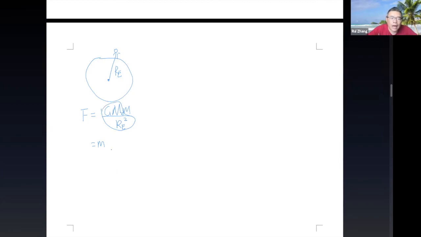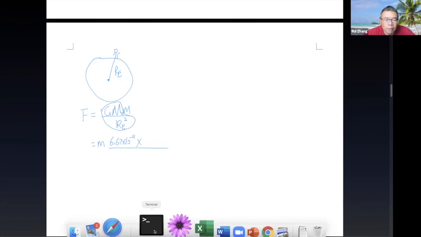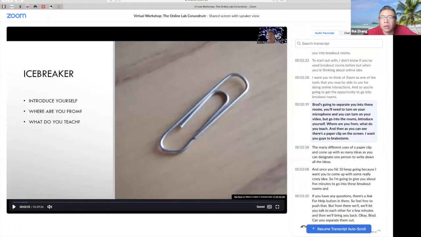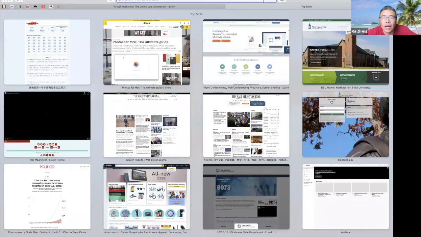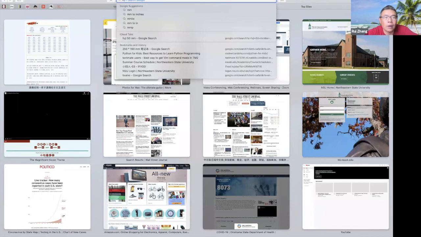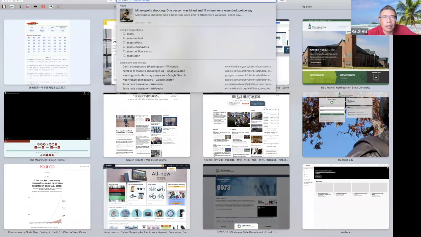The way to do that is plug in numbers for the gravitational constant, 6.67 times 10 to the minus 11th, and then the mass of the Earth and the radius of Earth, in kilograms and in meters. We're just going to look it up. You can also find this in your textbook.